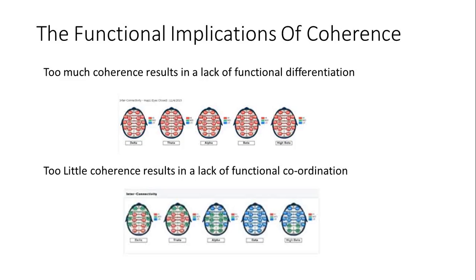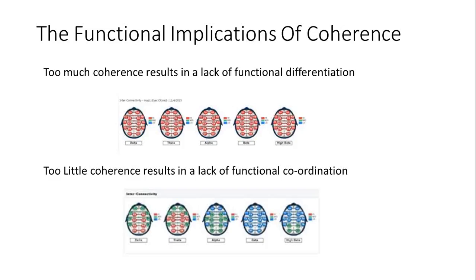Now, what are the functional implications of coherence? Well, we just said that, number one, it's a way of networks communicating, groups of neurons. But too much coherence usually results in a lack of functional differentiation. In other words, they're talking too much and they're not talking with other networks or neuronal ensembles enough.